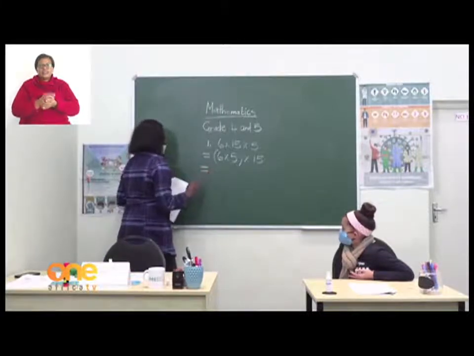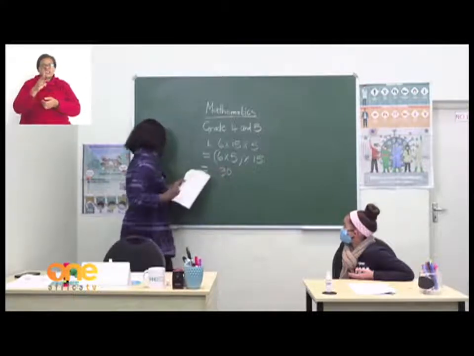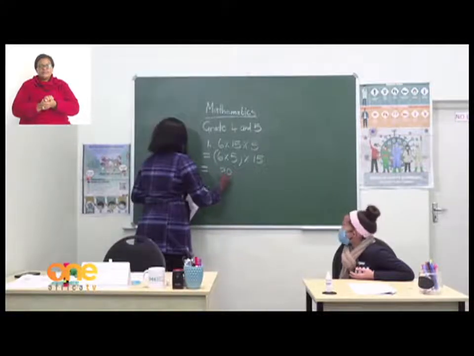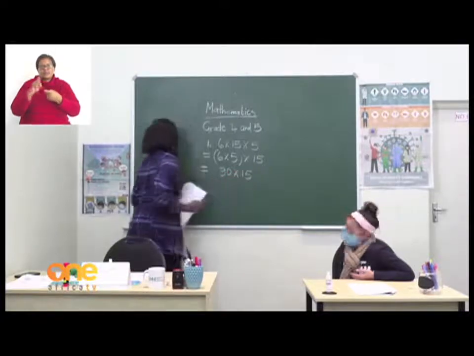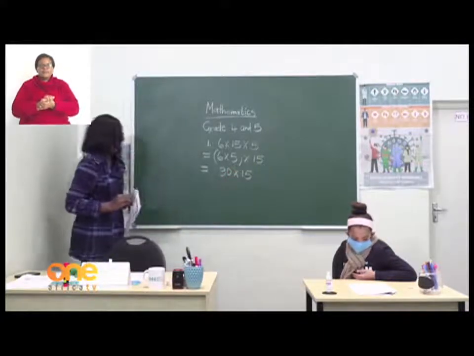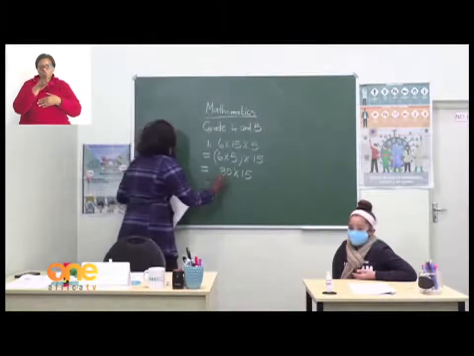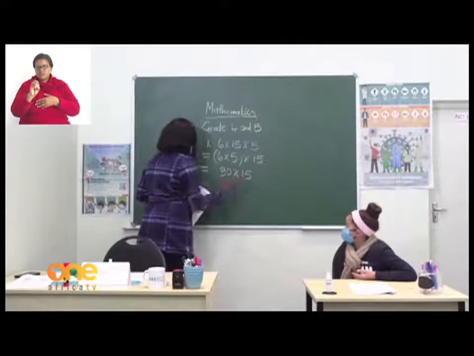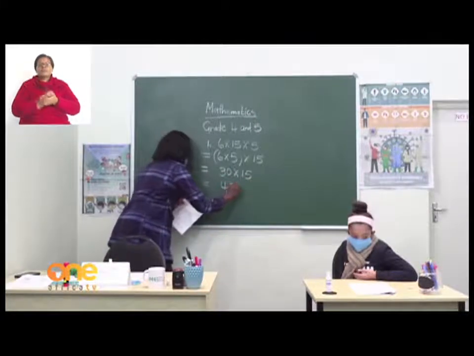6 times 5. Chanel, what do we get? 30. So, then, the 30 that we get, we still multiply it with 15. So that we can get the final product. So, when we multiply 30 times 15, we get 450.